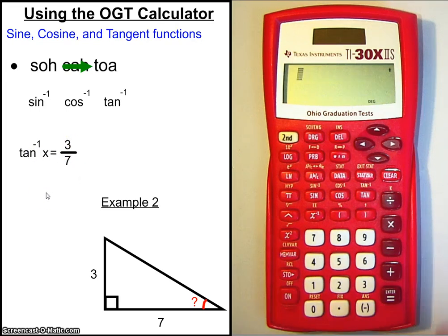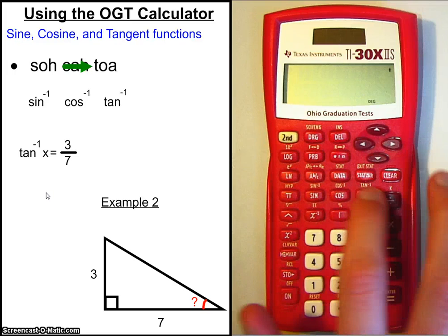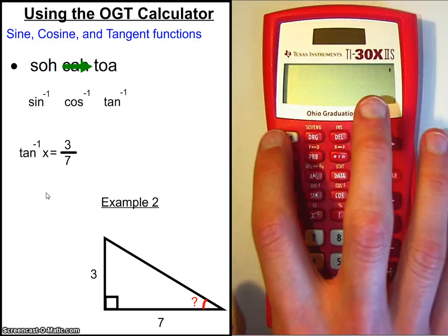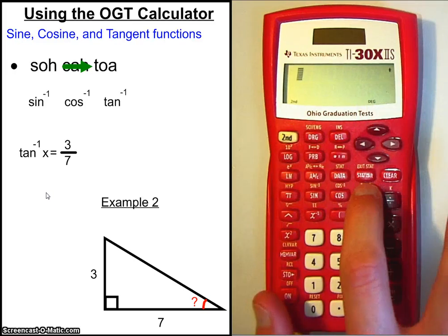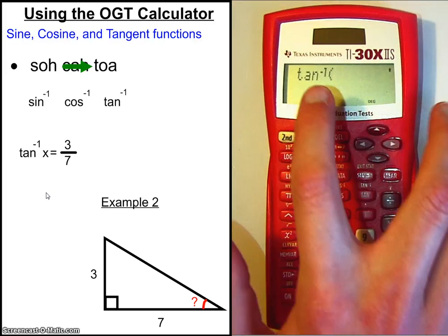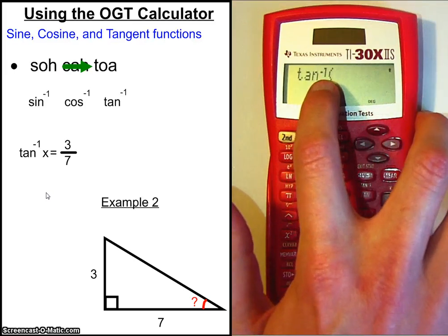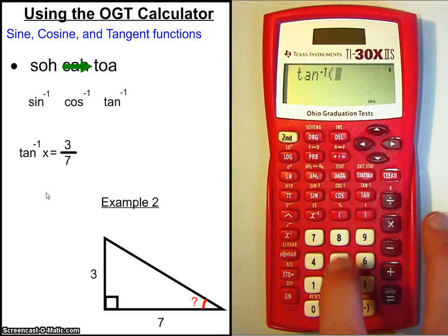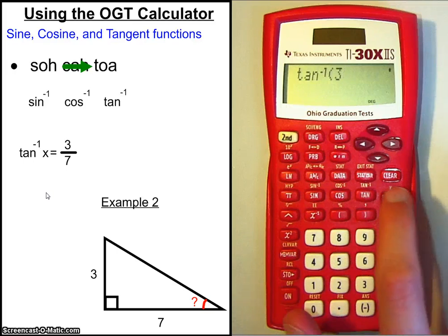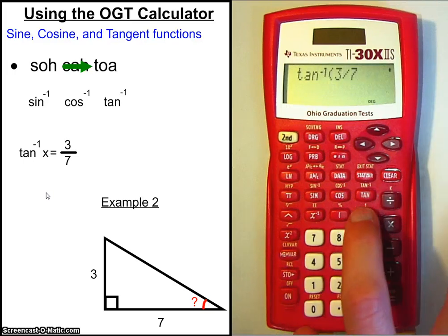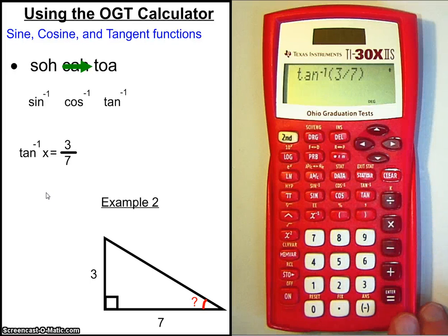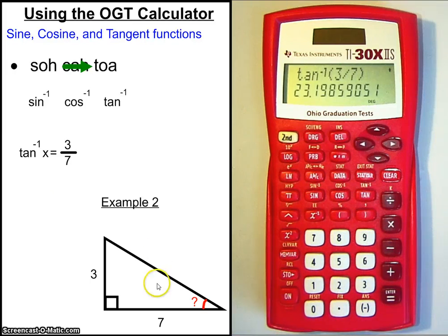So let's jump over here to the calculator. It's already on. To get to the inverse tangent function, we're first going to push second and then the tangent. Notice when you look at the screen, you have the -1 denoting the inverse tangent. Then go ahead and type in the 3 divided by 7. Go ahead and close the parentheses, push enter, and then you will have the angle measure. In most cases you're going to be asked to round. Let's go ahead and round this one to the nearest tenth.